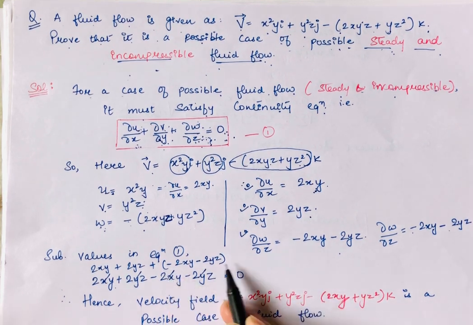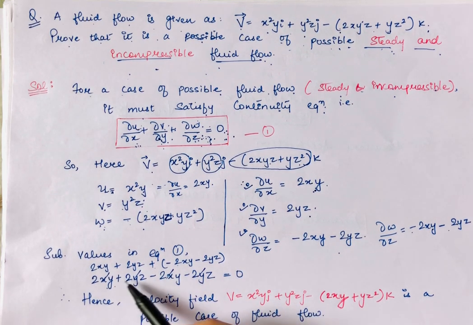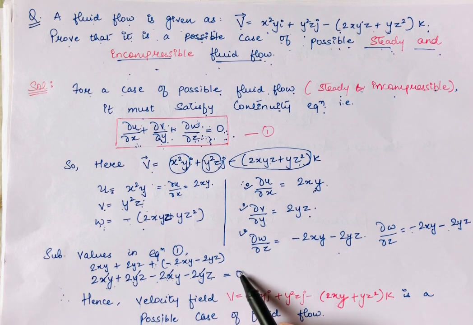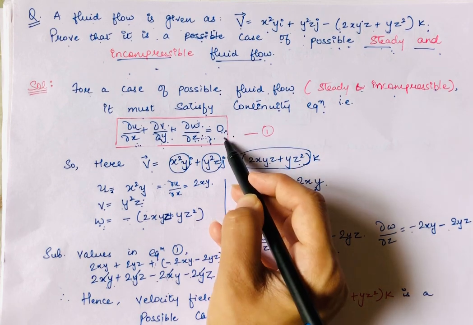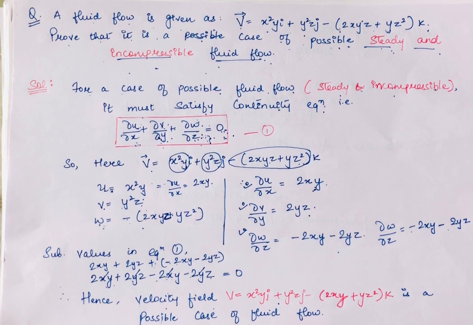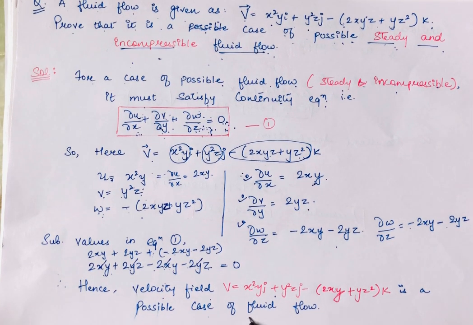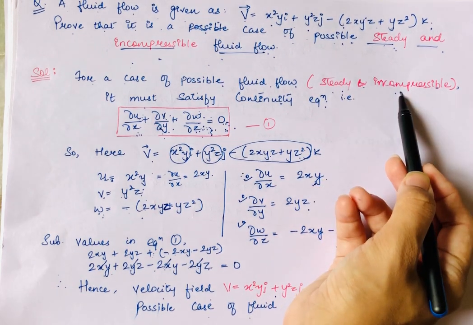If we open this bracket and take the plus sign inside, we get 2xy plus 2yz minus 2xy minus 2yz. All these terms add up to 0, so this equation is proved. As this equation is proved, we can say that the velocity field given by this equation is a possible case of fluid flow which is both steady and incompressible.